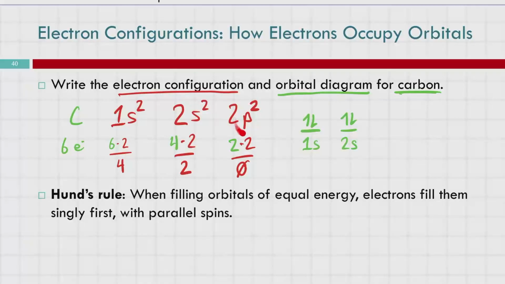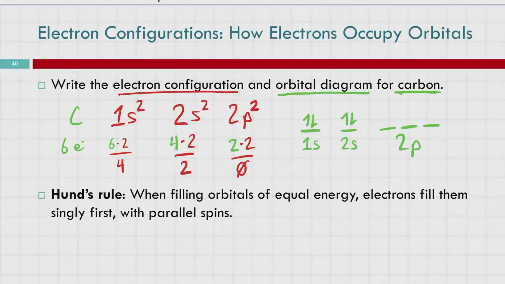And now we get to our 2p group. How many shapes did we have? 3 shapes. How many boxes? 3 boxes. 1 box for each shape. So each peanut gets its own box.